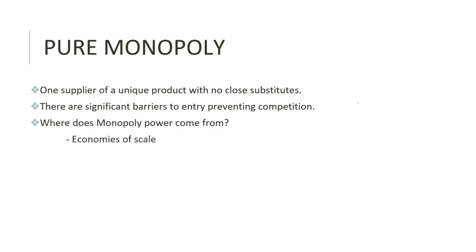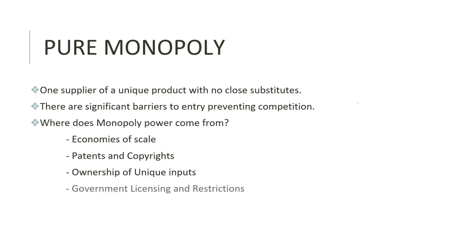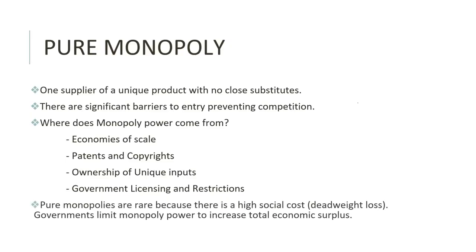Monopoly power oftentimes happens because of economies of scale, patents or copyrights, ownership of unique inputs, government licensing and restrictions. And interestingly enough, pure monopolies are going to be rare. There is a high deadweight loss, a high social cost. And so oftentimes pure monopolies are illegal. So a pure monopoly potentially could be illegal.